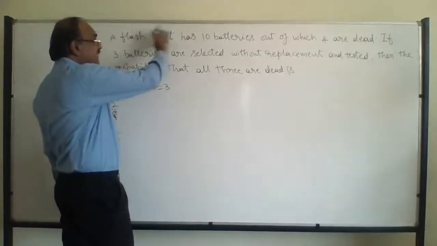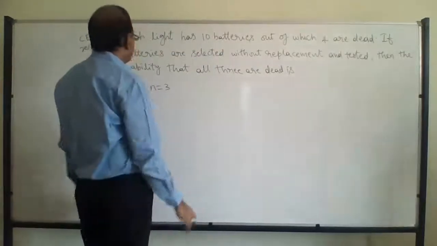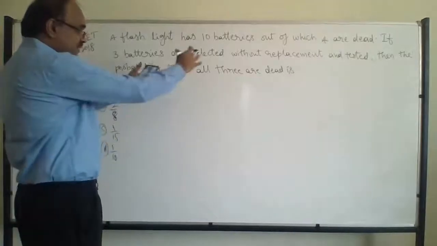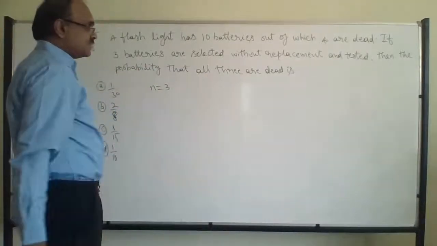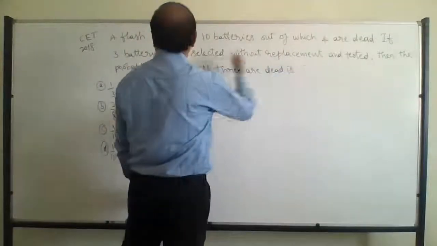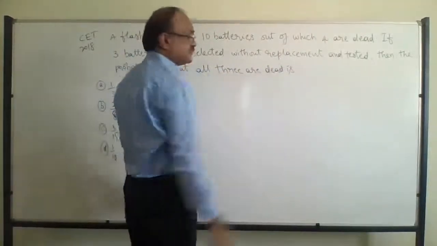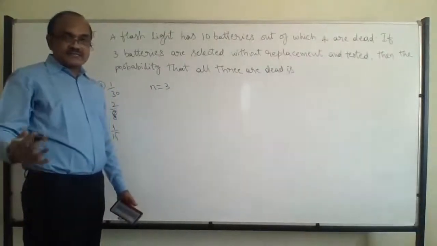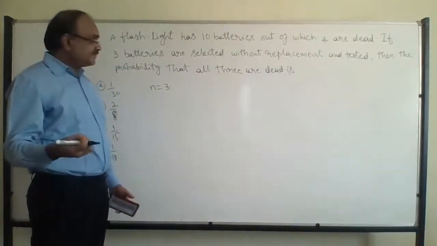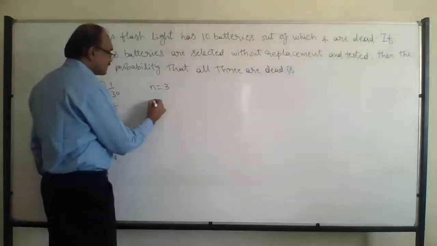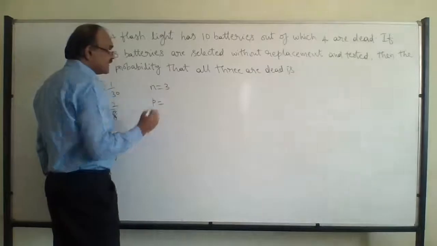But this is a given fact: a flashlight has 10 batteries, out of which 4 are dead. If 3 batteries are selected without replacement and tested, then the probability that all 3 are dead. Now your success could be getting a dead battery. Your success P, what is the probability?